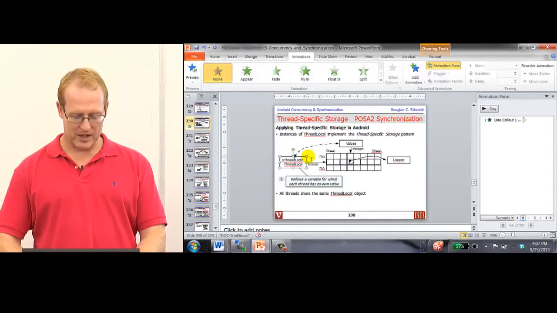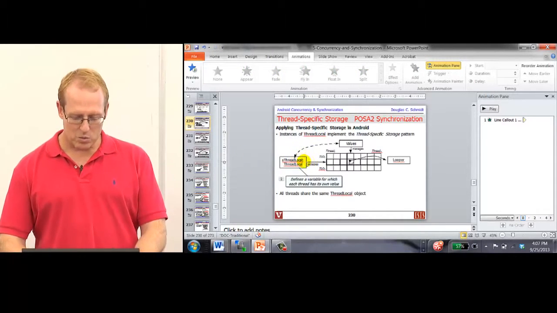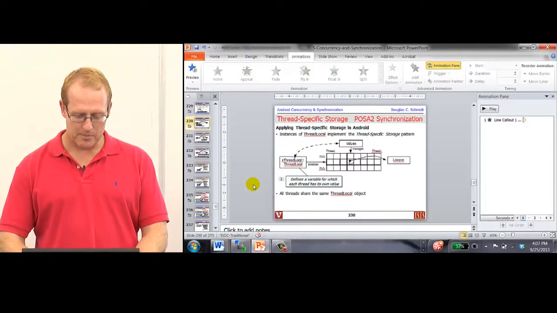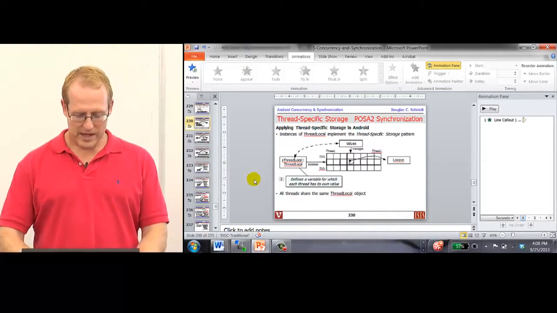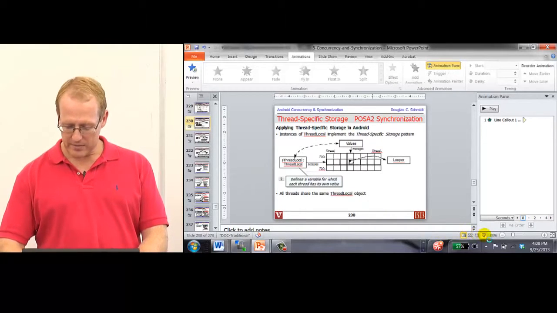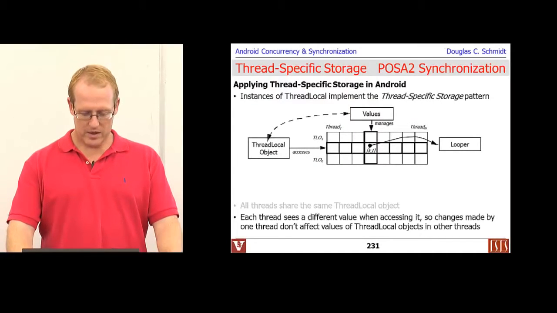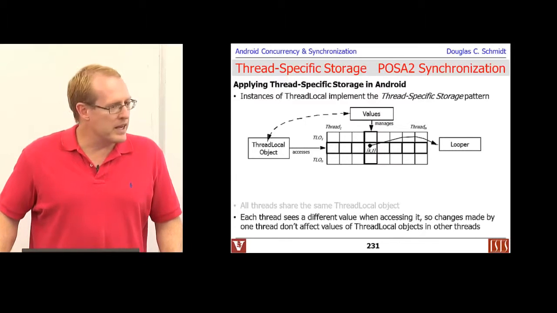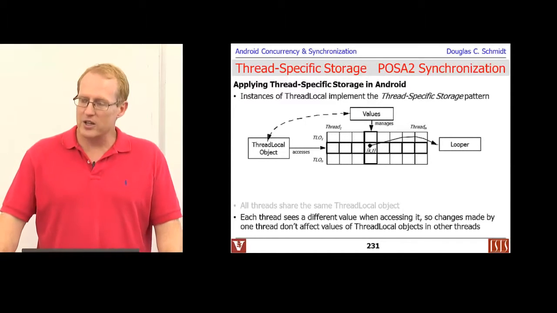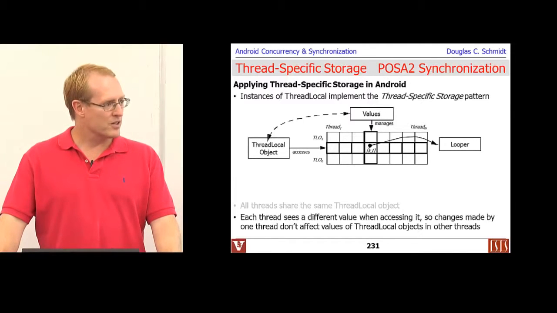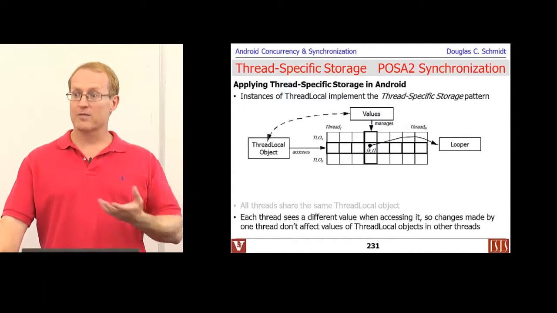I'll come back and fix all that up later. But what that says is that that's the particular thing that's playing this role. And then each thread that calls the get method is actually going to get back a different object. So one thread versus another is going to get back a different looper, for example.